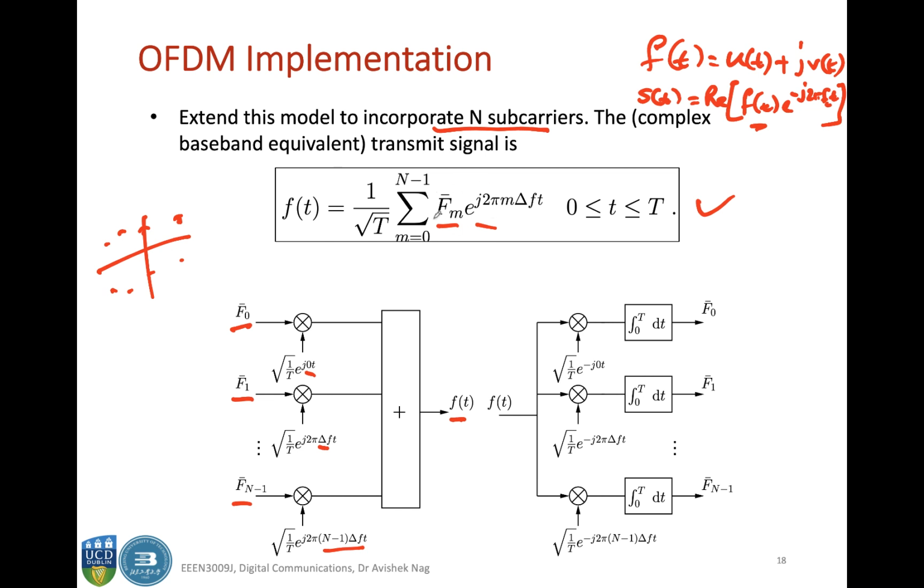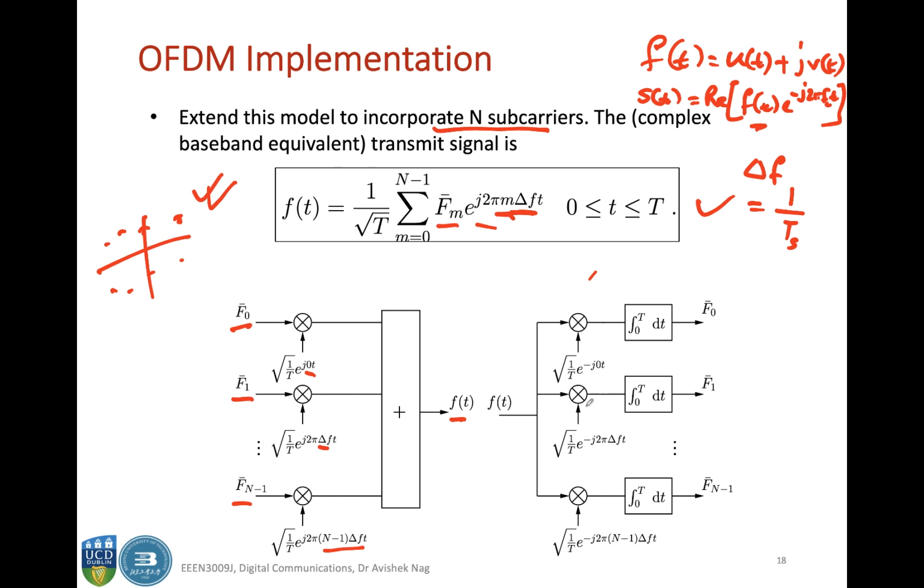So this is the sum from 0 to N minus 1 of modulated signals. Each of them is picked from a constellation like this. Okay, and you can see that they are spaced delta f apart, and delta f, according to the OFDM requirement to be orthogonal, has to be 1 over T_B, or 1 over T_S, whatever.